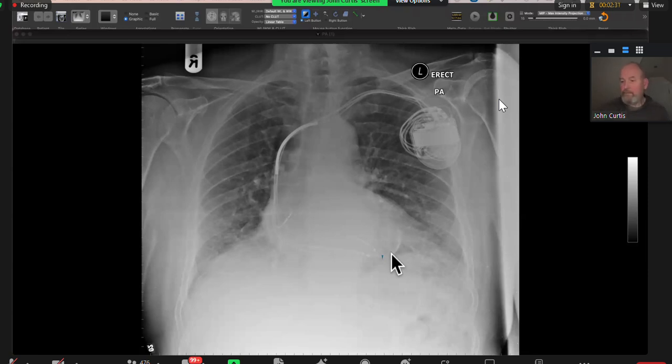It could be a valve calcification that might be the site of throwing the emboli, causing that stroke. It's not valve calcification, but it is the source of embolus.